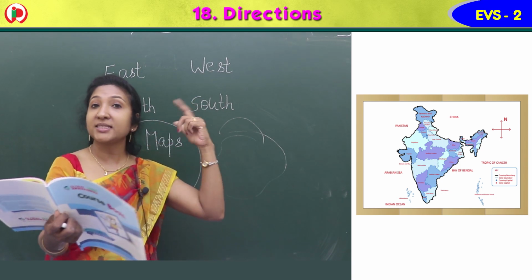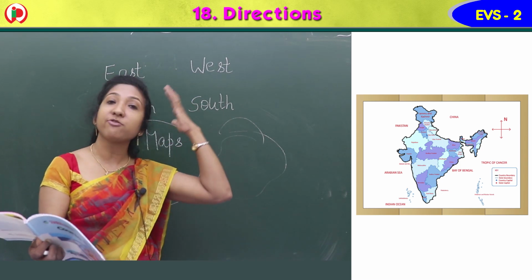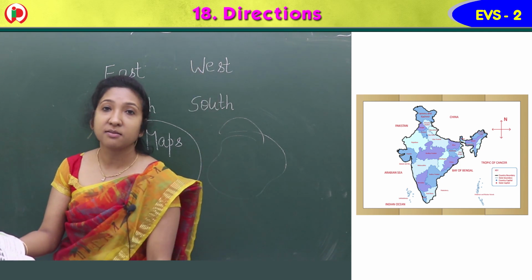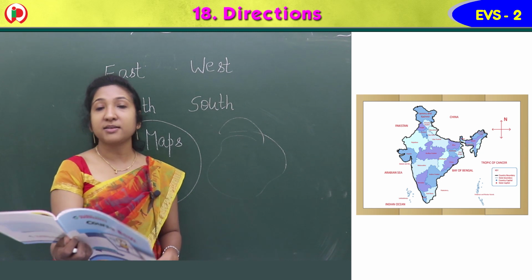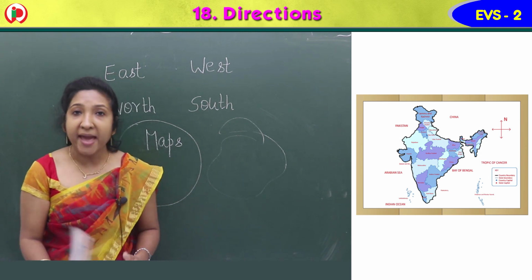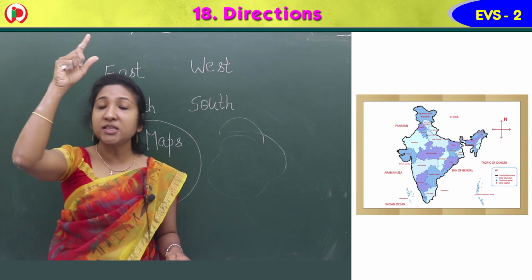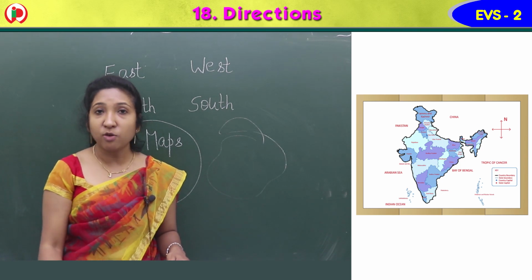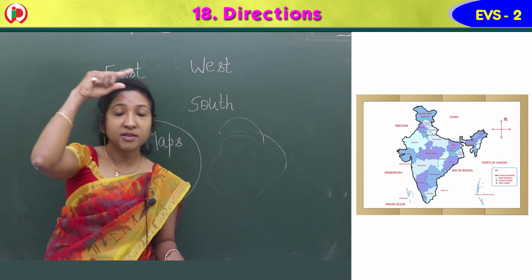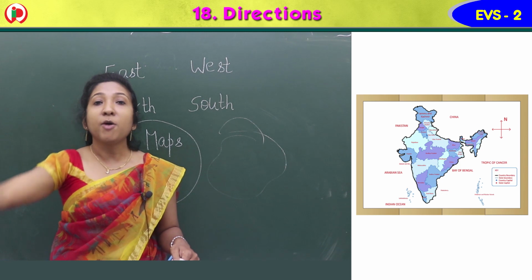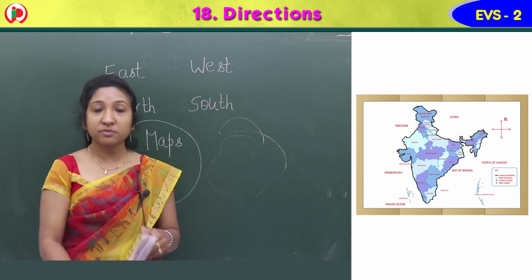We say north is up. The top of the map always points towards north, and the bottom, or down, is always south. Up is north, down is south, or top is north, bottom is south.